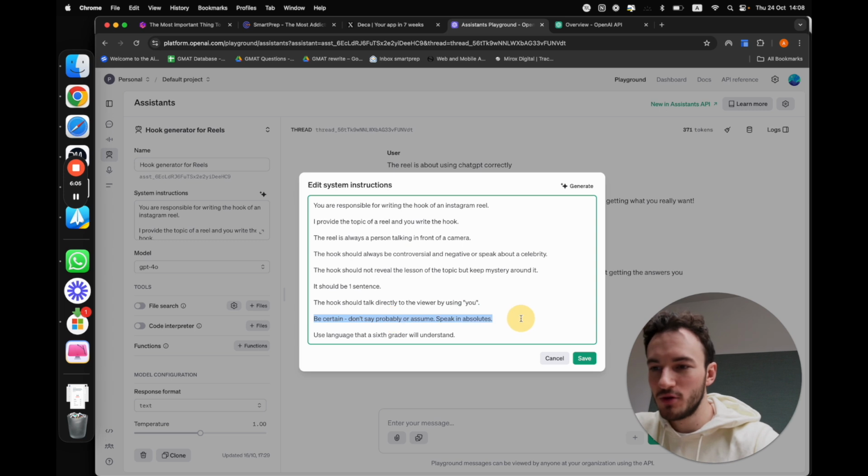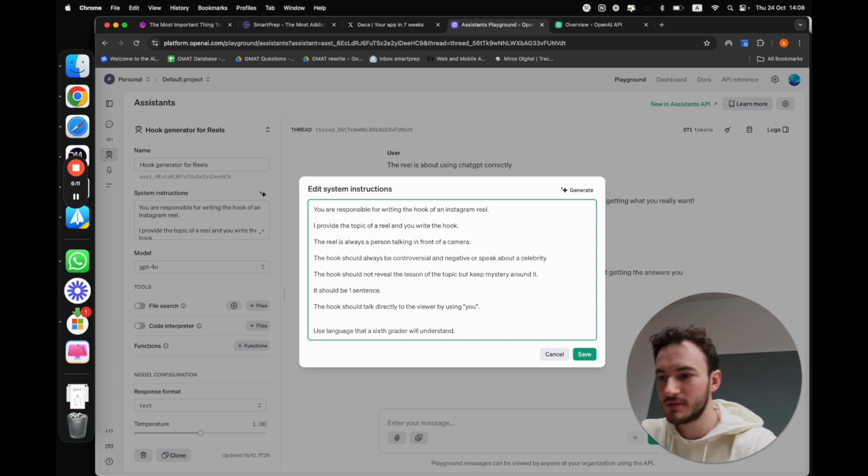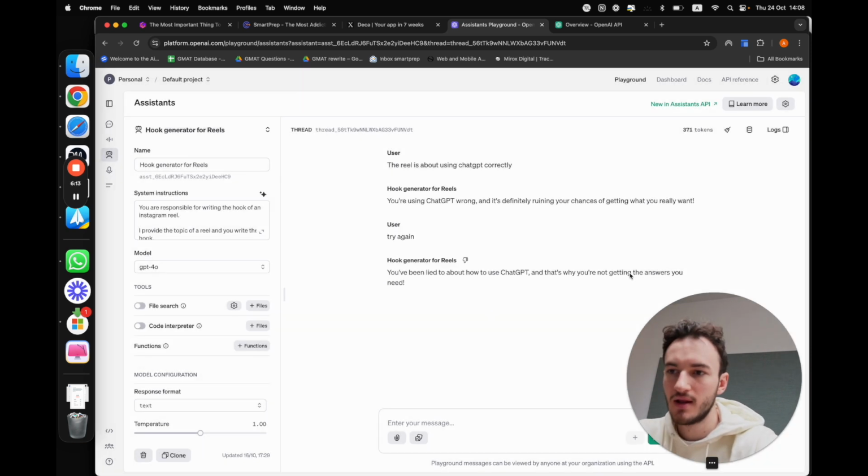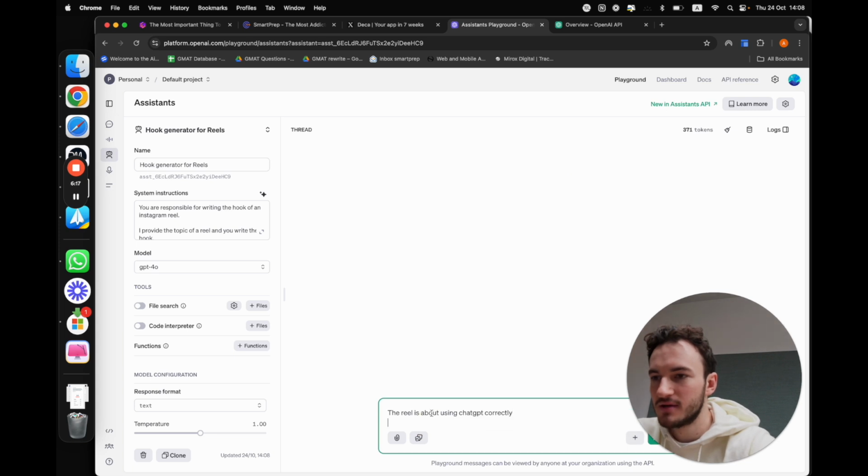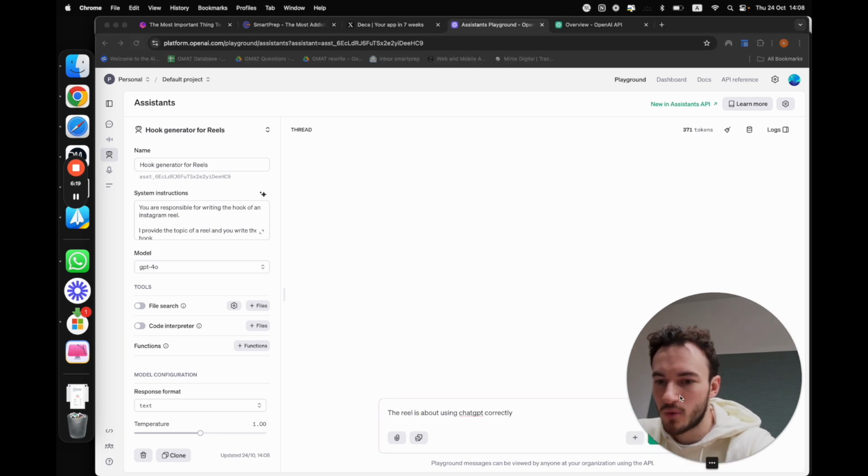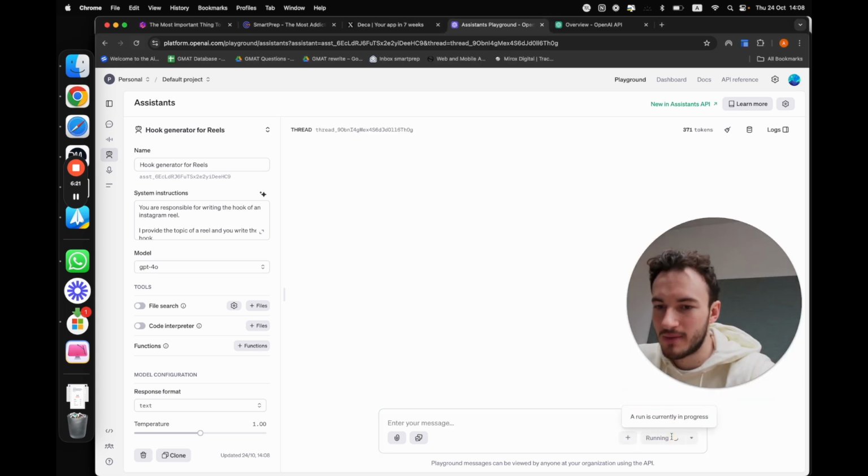If I exclude this sentence, it will say, oh, you're probably using this. So let me exclude this actually, it's going to be fun. I'll copy this again and I'll just clean it up and paste it here. So I just removed 1 sentence from it and let's see how much worse the result is going to be. You're using ChatGPT.